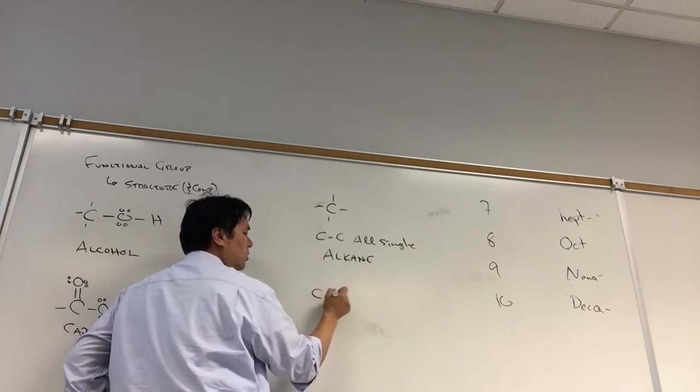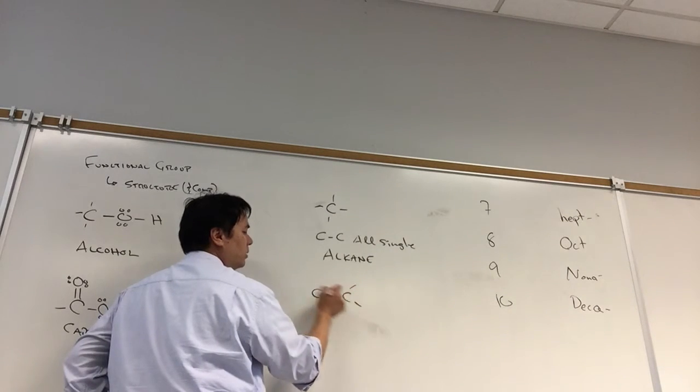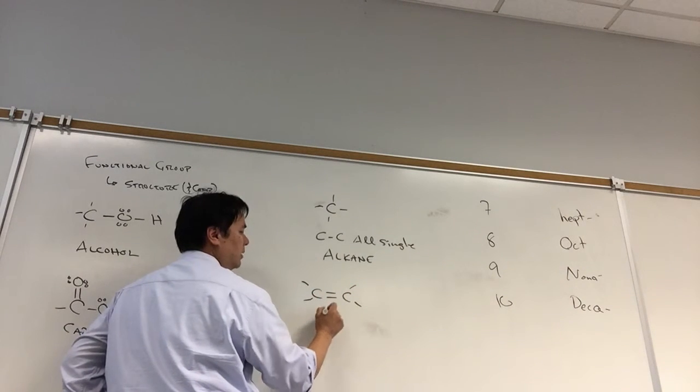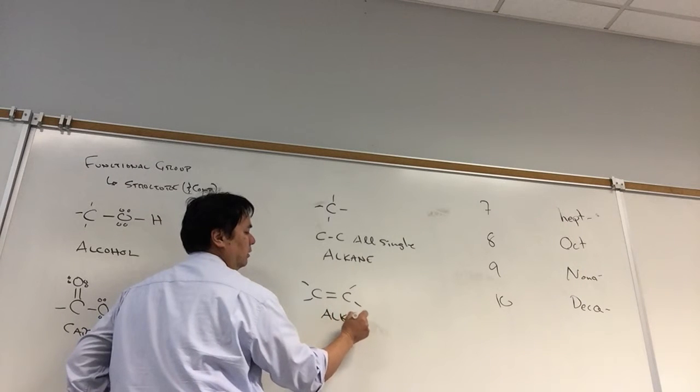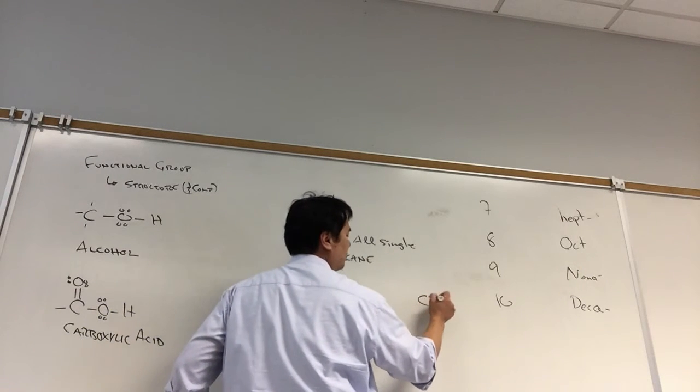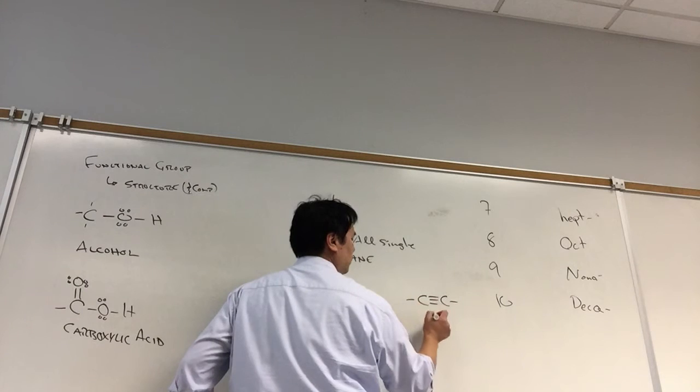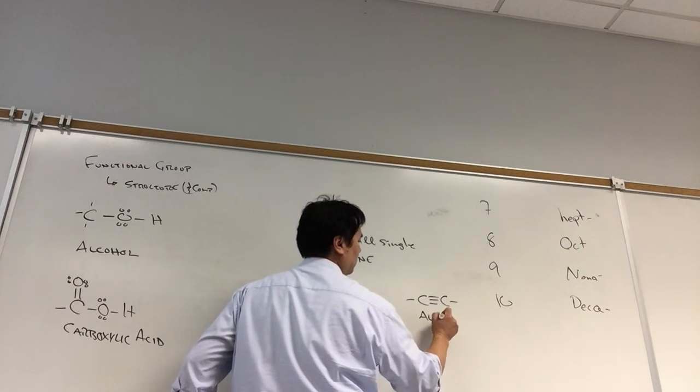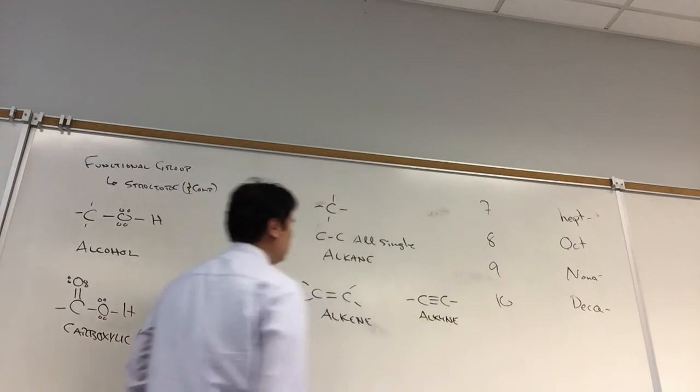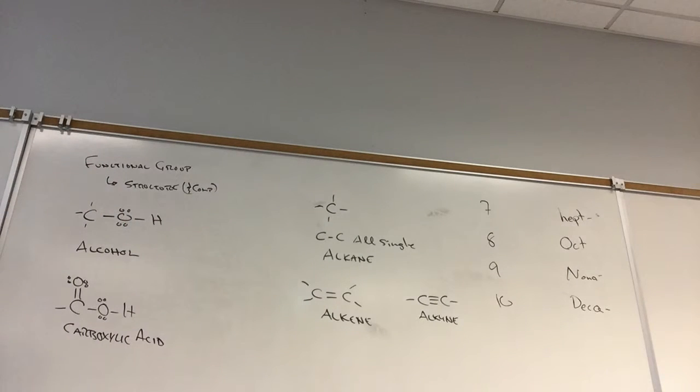Now, if there's a carbon-carbon double bond present somewhere in the chain, then we call it an alkene. If there's a carbon-carbon triple bond present, then we call it an alkyne. So we have alkanes, alkenes, and alkynes, depending on how the bonding is for the carbon chain.